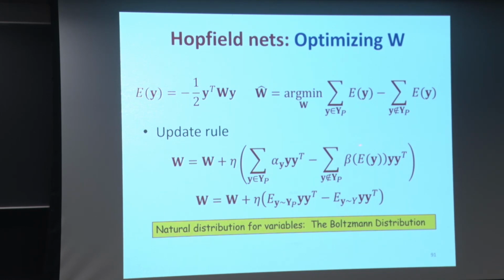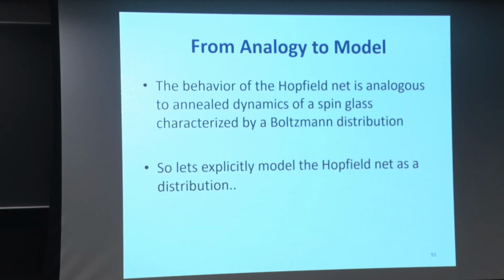And you can think of this as an expectation, again, just a weighted combination of outer products, where the expectation is taken over a probability distribution, where this term now also depends on the current value of W, because the current value of W decides which noise patterns are close to my target and which ones are not, right?